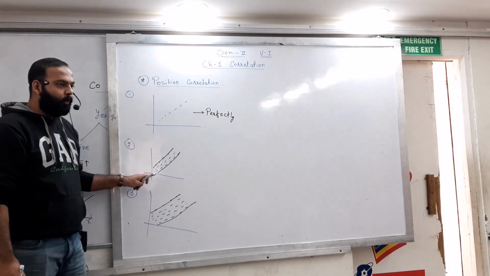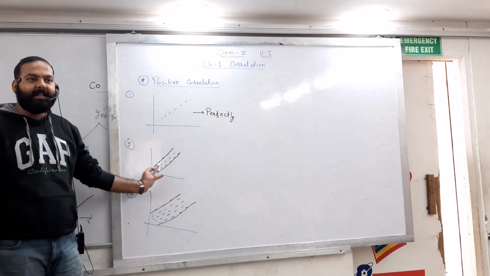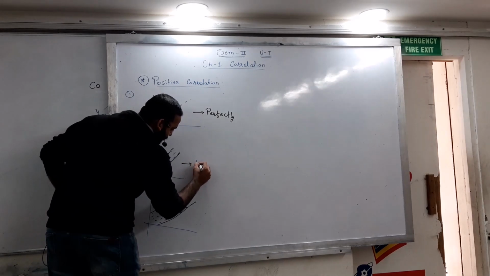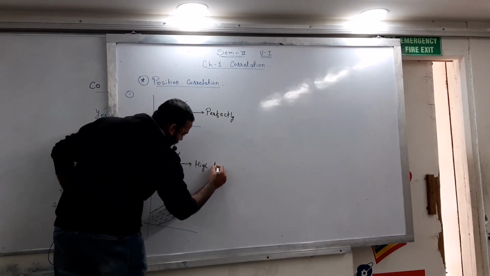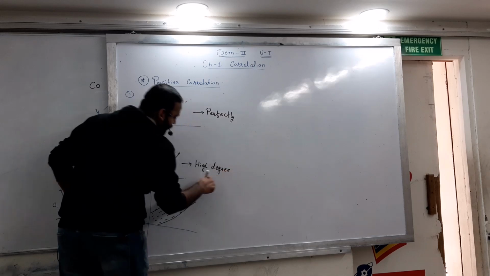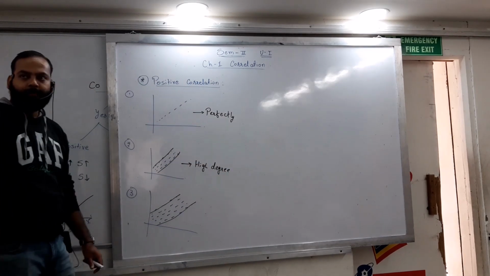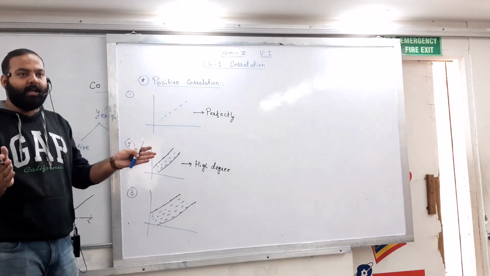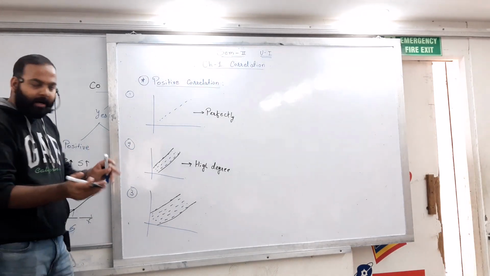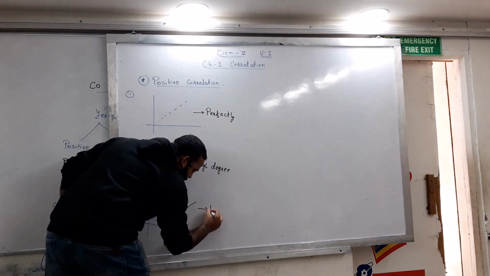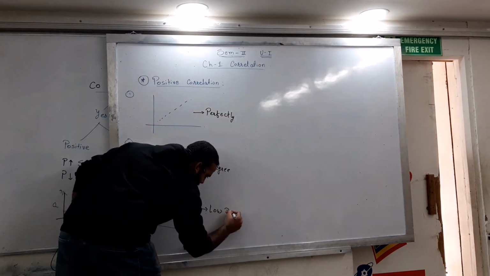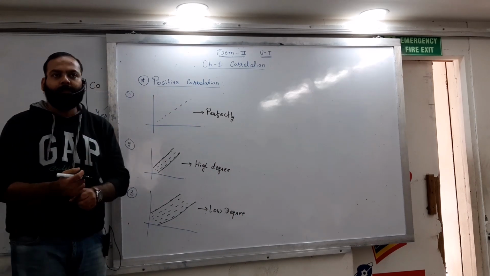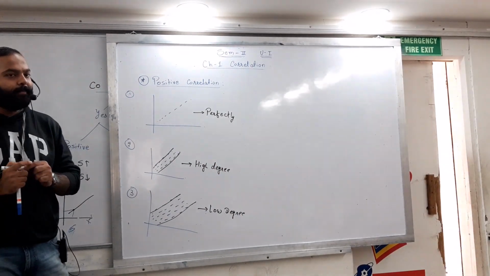If there is more than one straight line but the band is narrowed, it is called high degree of positive correlation. And if it is still upward sloping but the band is wider, then it is called low degree of positive correlation. Everyone clear?